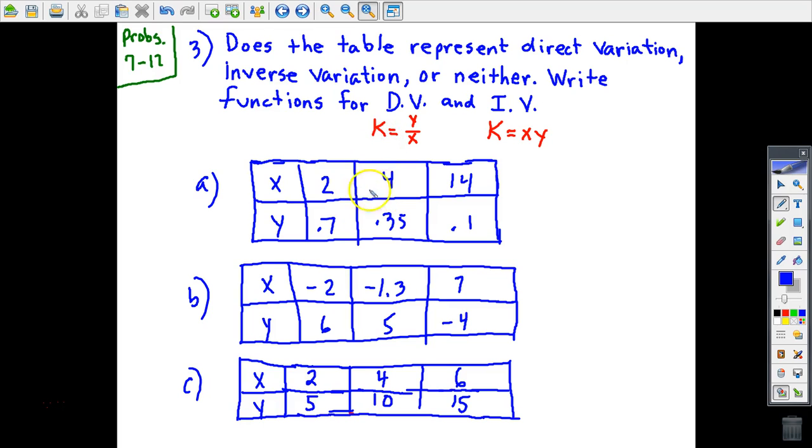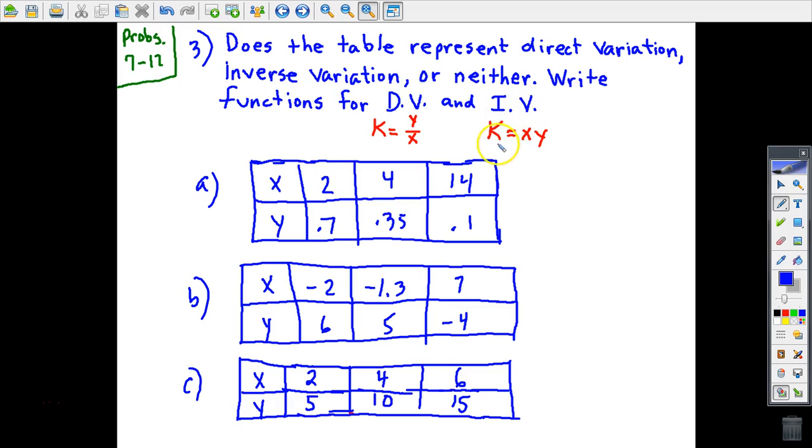And that's the whole idea. If this were direct variation, when I do this division, y over x, within each ordered pair, I should get the same answer. And that same answer would be k. Well, since I don't get that dividing y over x, then A cannot represent direct variation.